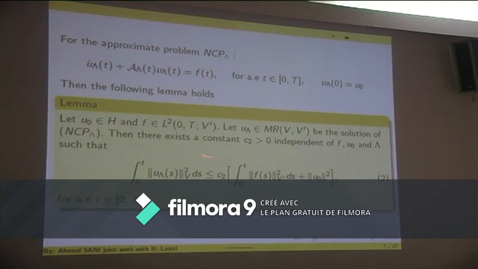This lemma is an a priori estimate of the solution on the space V, and which allows us to extract a subsequence of u_lambda which converges to the solution.